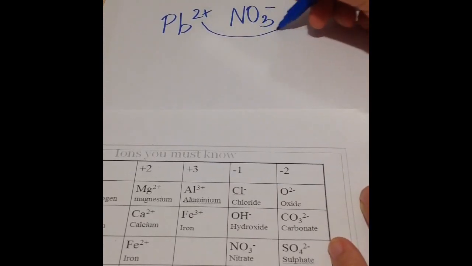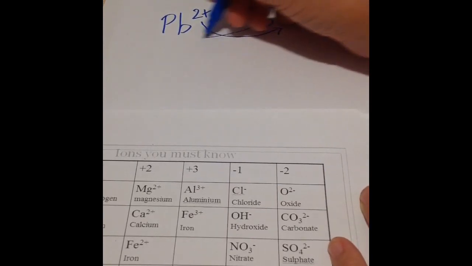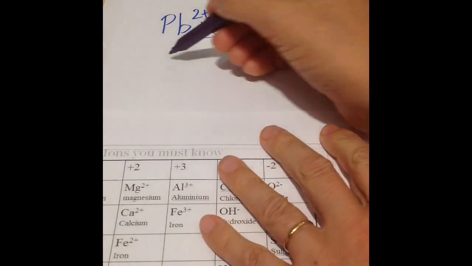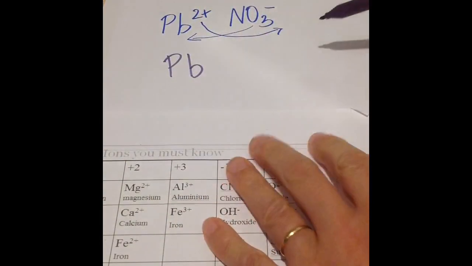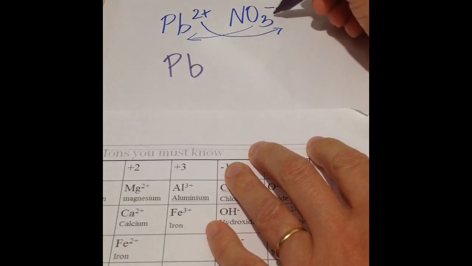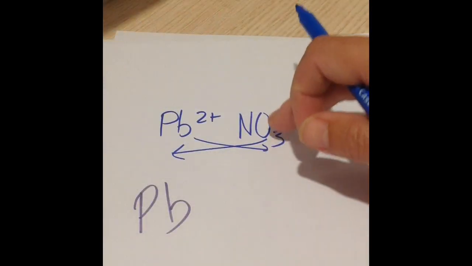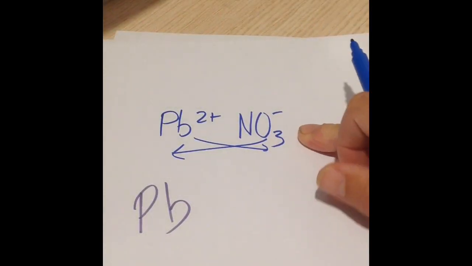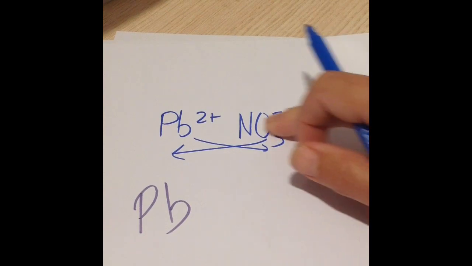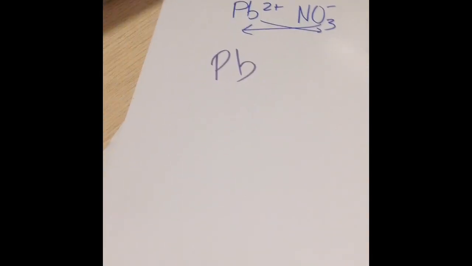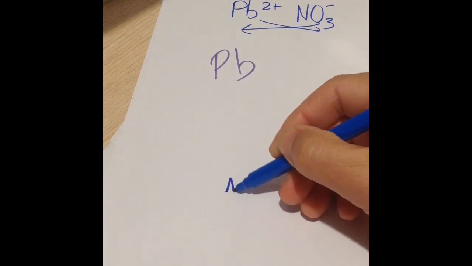So the 2 is going to come down here, and there's going to be a 1 for lead. Because it's a 1, we don't write 1, we just write the symbol. And because I need a double, I'm saying that I need 2 nitrates, that whole ion. And that whole nitrate ion is made up of 1 nitrogen and 3 oxygens. So it looks something like this.